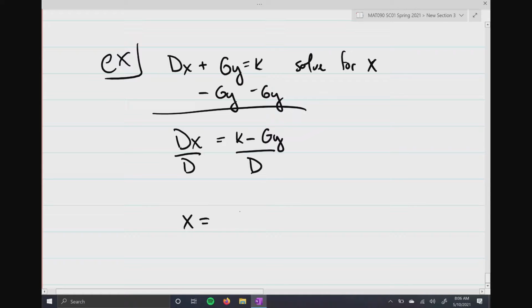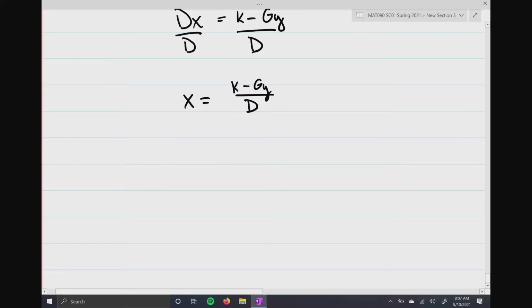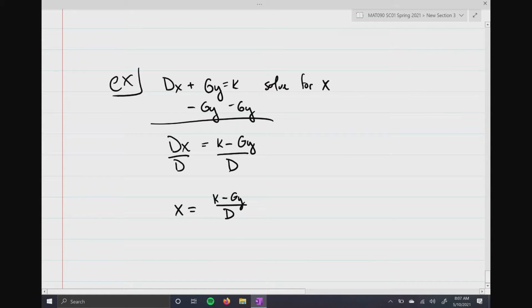So x equals k minus gy all over d. All right. Any questions with that?